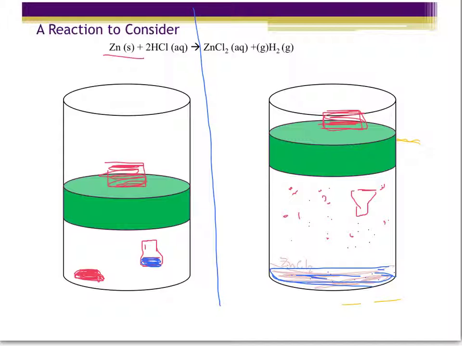So that is equivalent to a weight being raised in the surroundings. If that type of activity takes place, then we know that work has been done. In this example, we have done work because we've liberated gas, which has pushed back on the atmosphere, and we could consider that atmosphere as a weight on a frictionless piston.